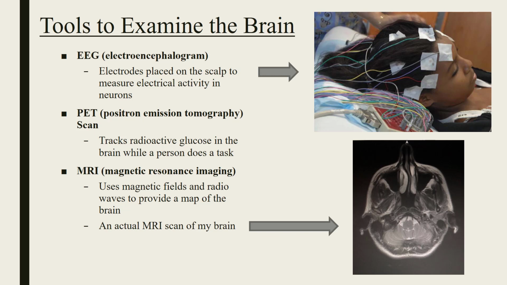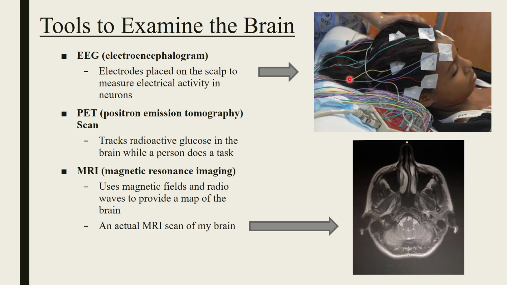But again, none of this is actually invasive. These are merely electrodes that are placed onto the skin underneath the hair on the scalp, and they are simply registering the amount of electrical activity. And if you remember from our last lecture, that electrical activity is occurring when those neurons are sending action potentials down the length of the axon.